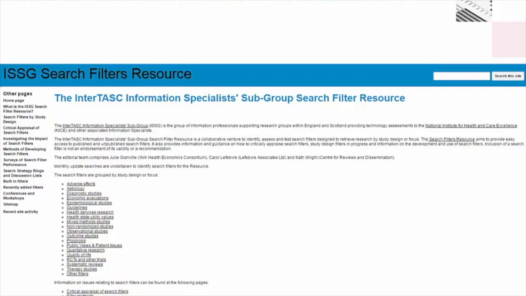And then down at the bottom here you can see some other links through to critical appraisal tools, filter methods papers, surveys of filter performance, and other things around search filters.